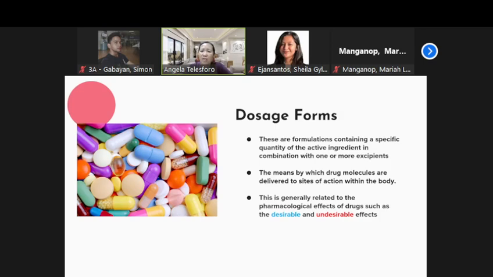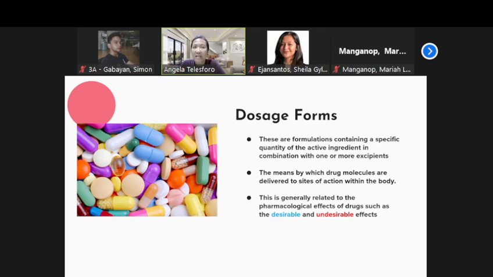So dosage form is generally related to the pharmacological effects of drugs such as the desirable and undesirable effects. Now, always remember na ang isang gamot, kahit paracetamol pa yan siya, meron talagang desirable and undesirable effects lahat ng drugs, no?